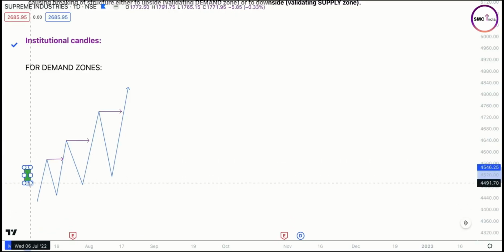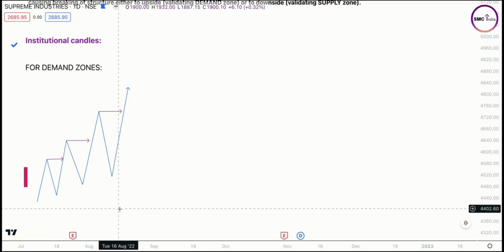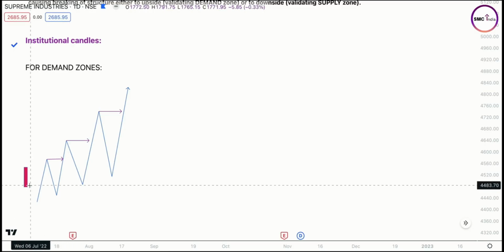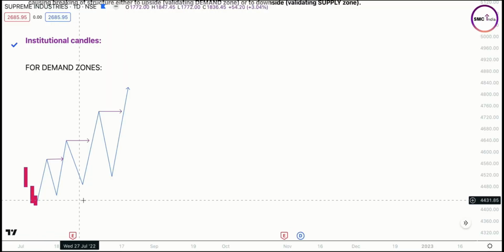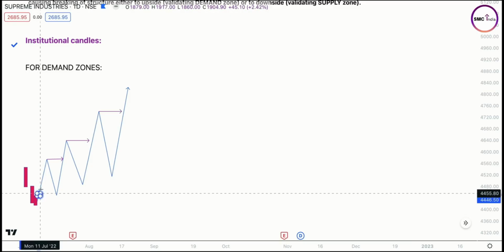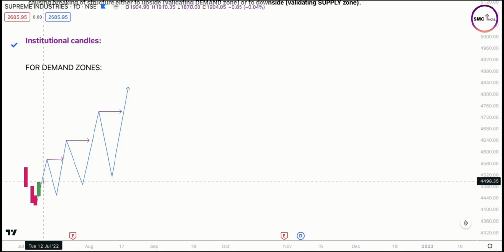So when the price comes down like this, and then what happens next is that the price shoots up.